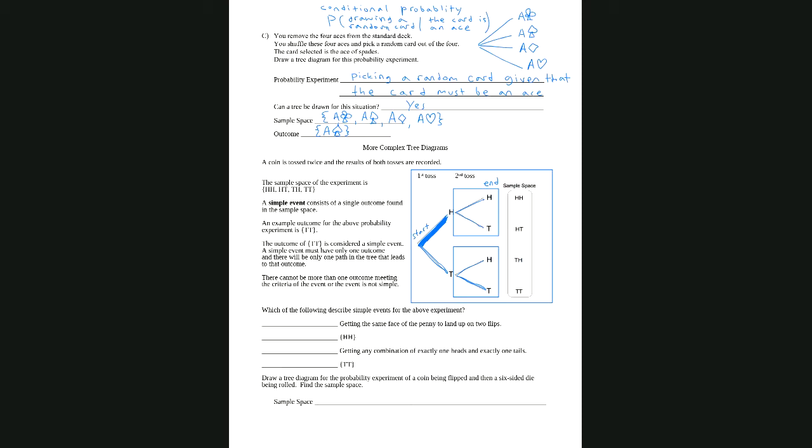Then we would take this path. Now if we trace the path through and see what happened in both of the actions, first flip landed on heads, the second flip landed on heads, we want to write that down as an outcome to the overall experiment. In this case, it would be HH representing the first coin landed on heads and the next flip landed on heads too.